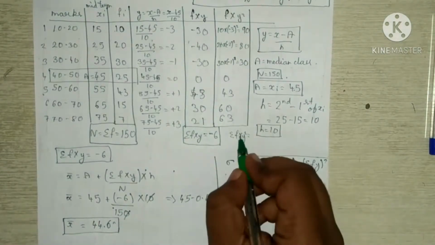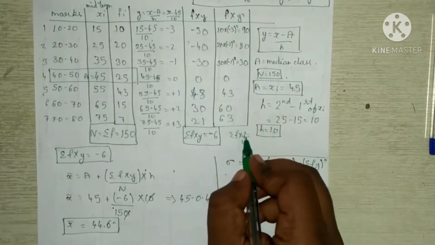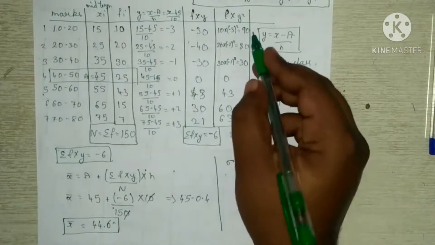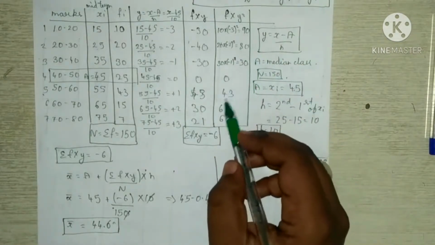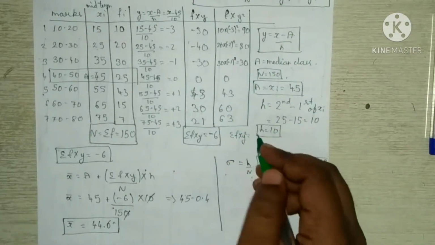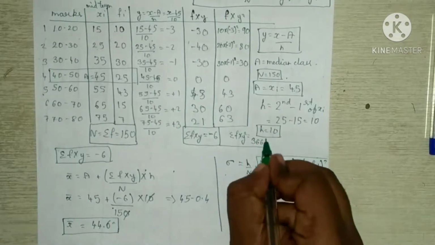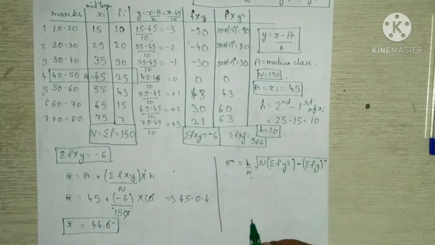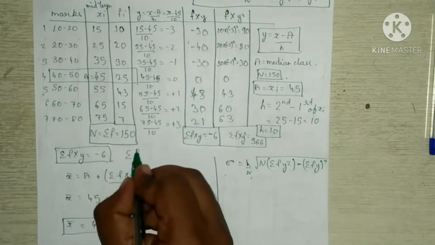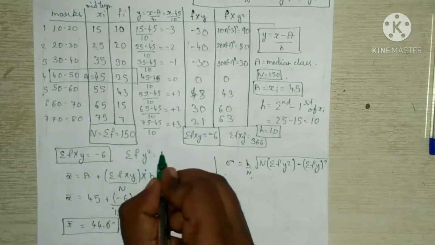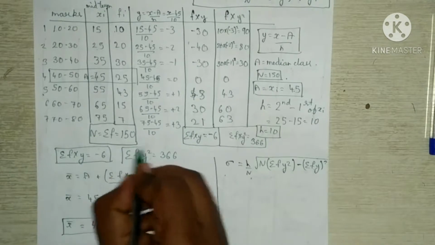Add everything: 90 plus 80 plus 30 plus 43 plus 60 plus 63. You'll get around 366. Summation f into y square is equal to 366.